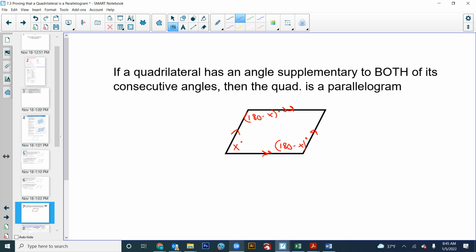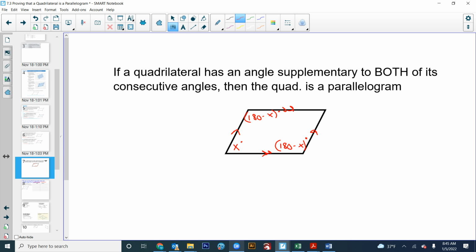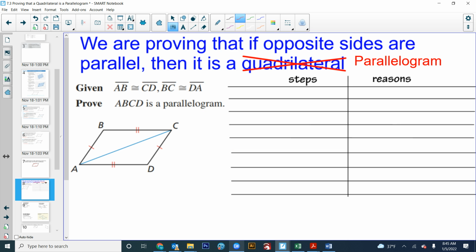All right, and then we're going to need to make another adjustment on your guided notes. There's just one word that needs changed. On the first example, the proof, we're going to change that word quadrilateral to parallelogram.